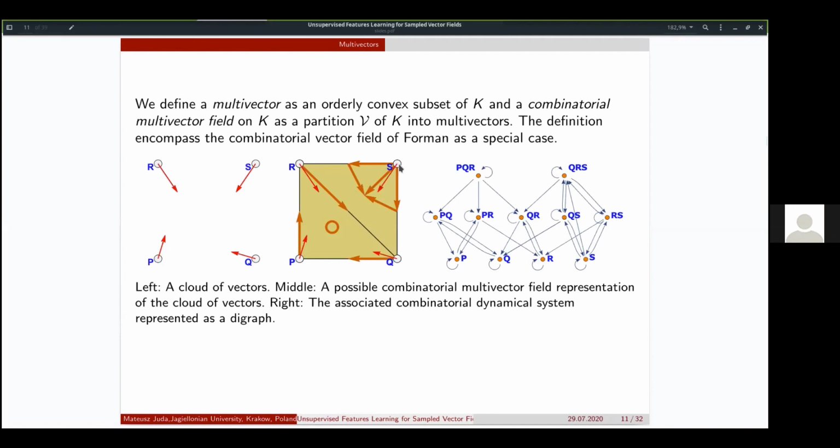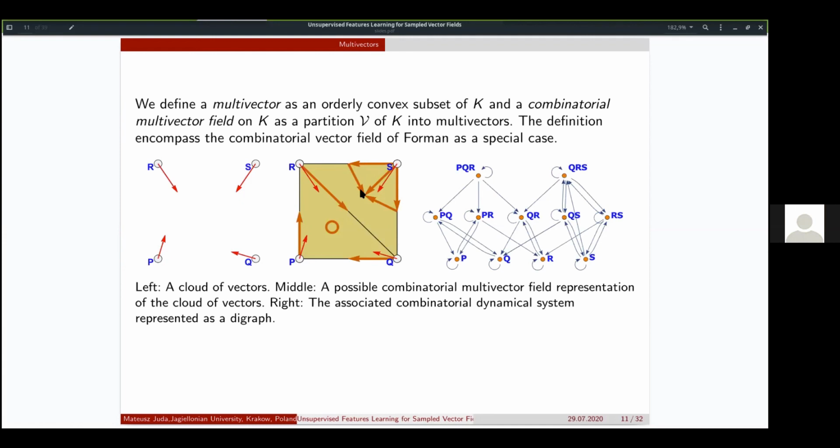So now the situation is a little bit more complicated, because if you want to put the arrow from S to the triangle QRS, then because of some topological assumption, we need to put also these additional arrows from S to RS or S to QS, and from the edges to the triangle. And in a moment, it will be clear why we have to do that.